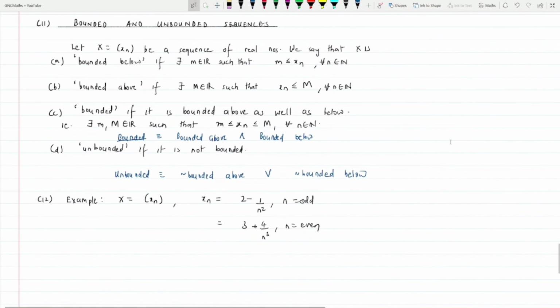So to discuss the boundedness, if a sequence is bounded, our task should be to find the existence of small m and capital M such that your sequence terms are contained between these two numbers. And in case you are unable to find small m or capital M or both, then we say that the sequence is unbounded.